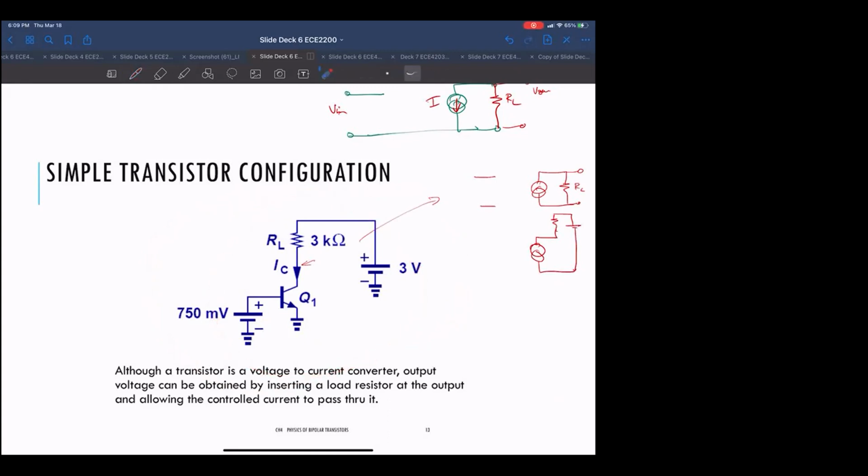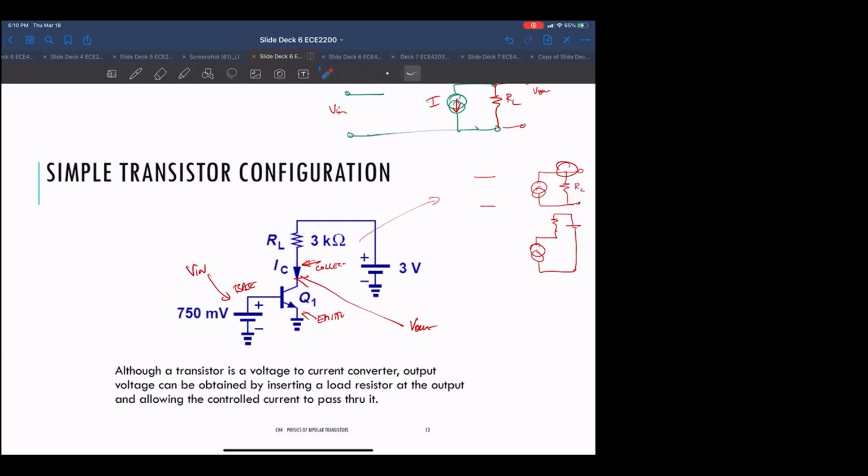So this is the collector, this is the emitter, and this is the base. You basically are getting your output voltage from here. If you put your input here, your output will be here. So basically what I'm saying is, in real life, you have to put the side of this resistor up and put the voltage in through that.